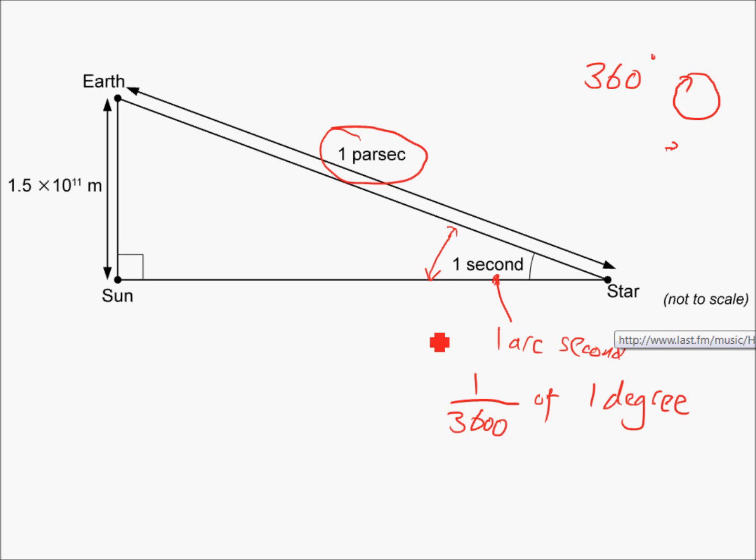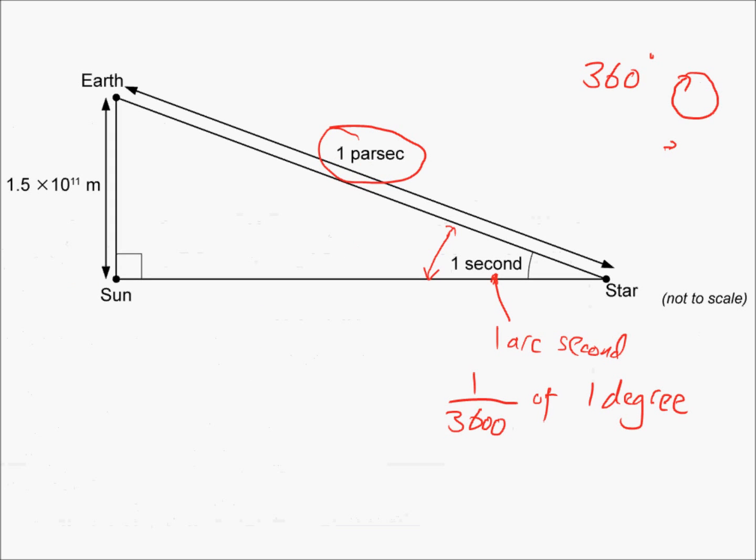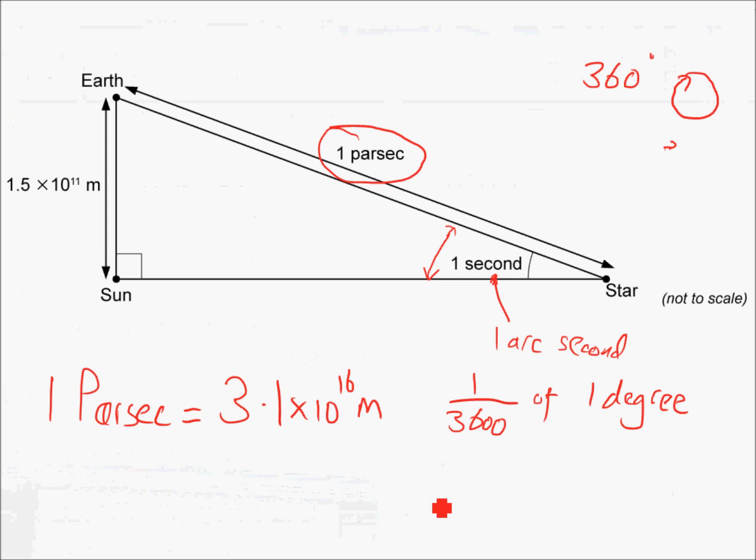So now when we're dealing with parallax, we don't deal with degrees, we deal with arc seconds, and we don't deal with meters, we deal with parsecs. Now if we were to work all this out, what we find is that 1 parsec is equivalent to 3.1 × 10^16 meters, which is on a similar scale to light years.